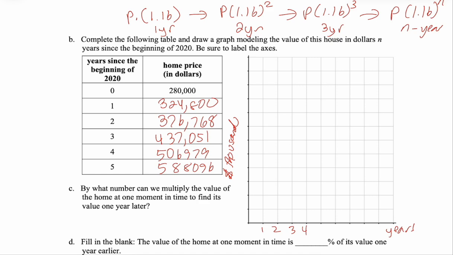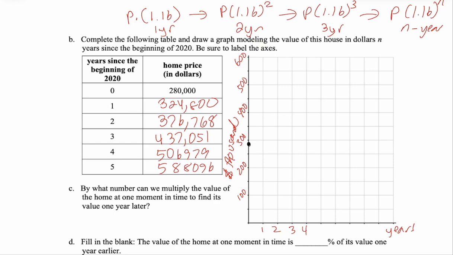So if we make this 100, 200, 300, 400, 500, and 600, it fits pretty well, I believe. Okay. So at year 0, time 0, whatever you want to call it, we're at 280. So that would be close to that 300 mark.